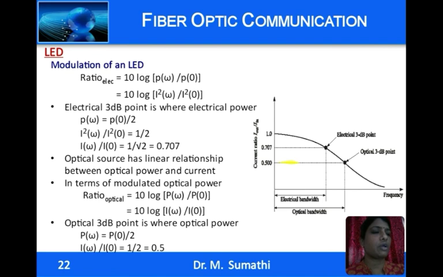So, this gives the optical 3 dB point. So, electrical 3 dB point is where when the y axis is in terms of current, the electrical 3 dB point is where the current ratio falls to 0.707, and the optical 3 dB point is where the current level falls to 50%.